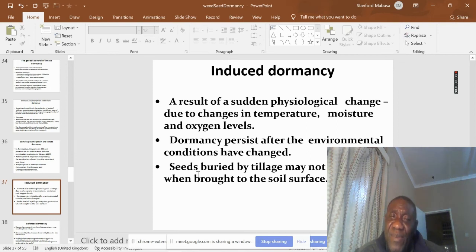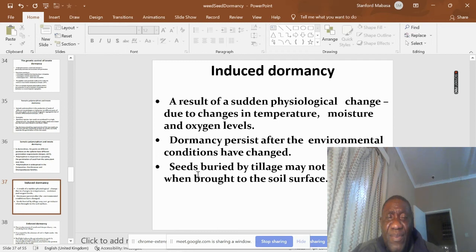That memory inside the seed will cause it not to germinate. It could be some biochemical reactions which may take place inside that seed. So let's suppose we create good conditions for germination. Dormancy will persist because something inside the seed is telling the seed not to germinate.